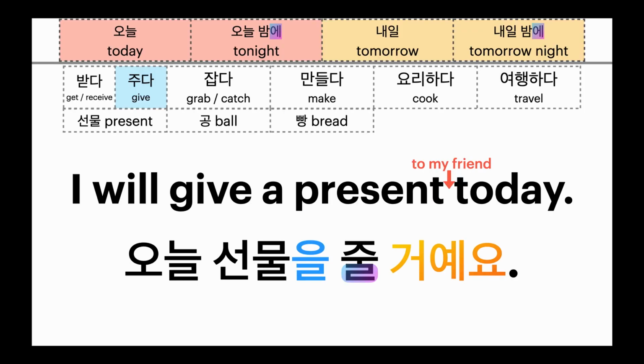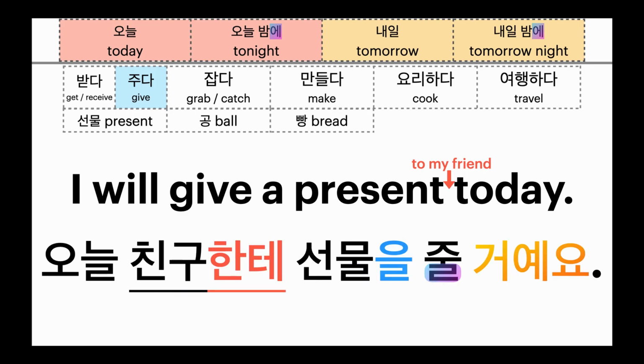So going back to our sentence here, I will give a present to my friend today. We know that we need to add 친구한테 somewhere in this sentence. As long as we add it before the verb, we're pretty much good to go. I think in this particular sentence, the most natural place would be here. But again, any of the places that I just designated are also okay. 오늘 친구한테 선물을 줄 거예요.